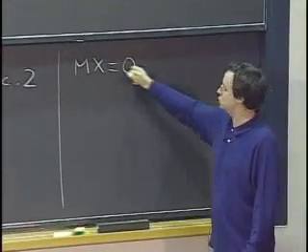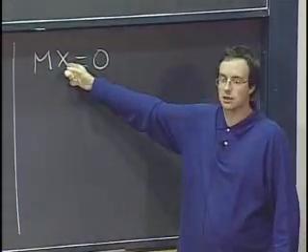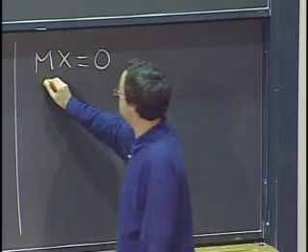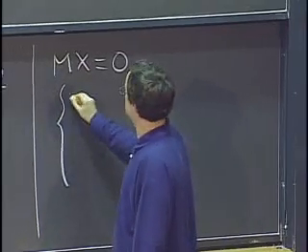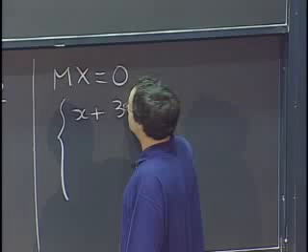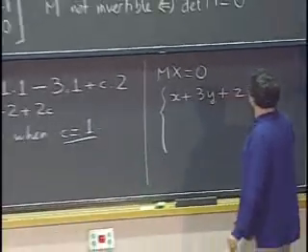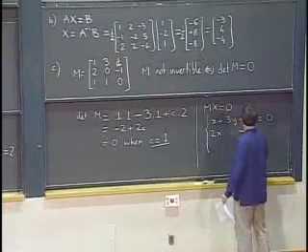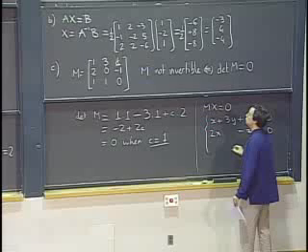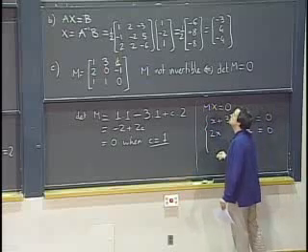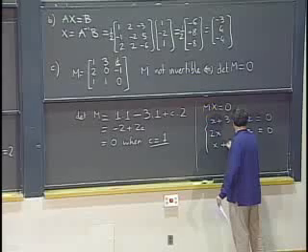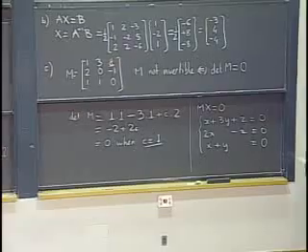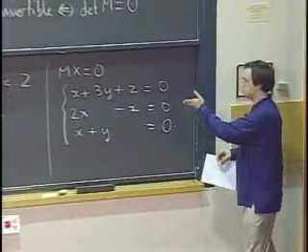But here there's an obvious solution. Namely, x equals 0 is a solution. Okay? Maybe let me rewrite it more geometrically. That's x plus 3y plus z equals 0, 2x minus z equals 0, and x plus y equals 0.